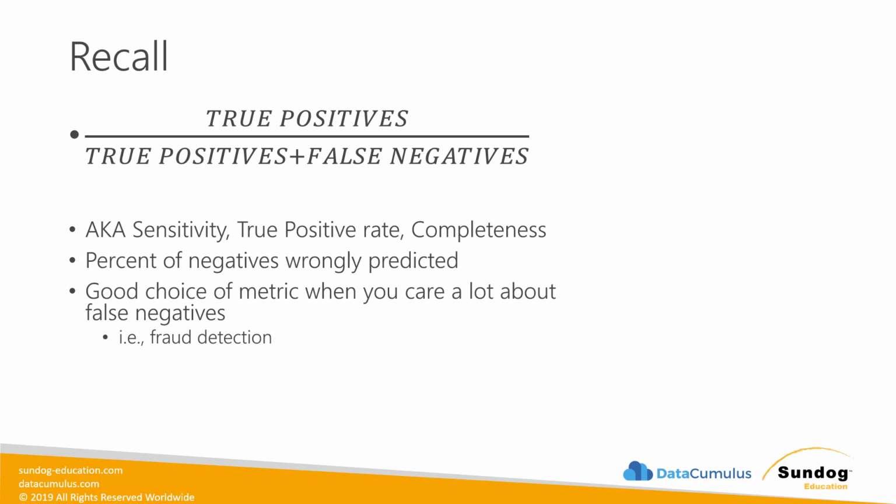You want to be erring on the side of false positives, not false negatives in that case. So recall, good choice of metric when you care about false negatives. Fraud detection being an example of that. It is true positives over true positives plus false negatives. Write that down, make yourself a little cheat sheet, cram on this stuff before the exam, okay?